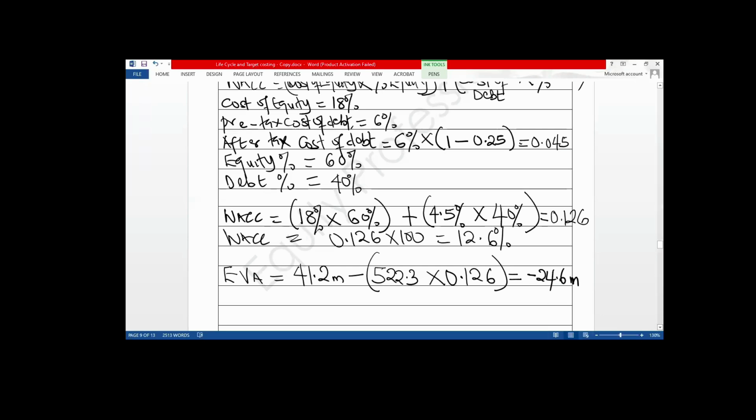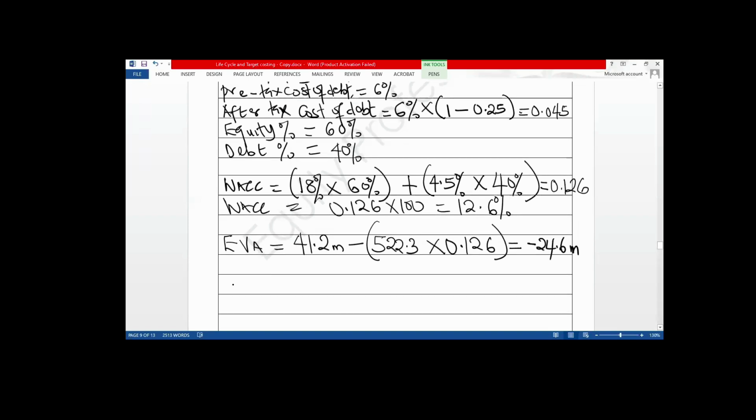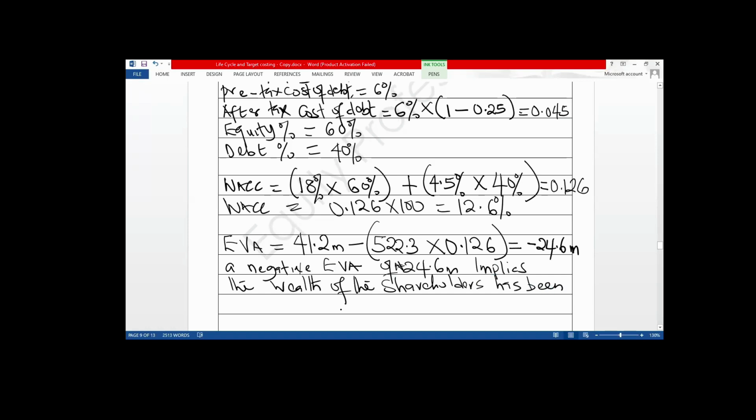You can comment. A negative economic value added of 24.6 million implies that the wealth of the shareholders has been reduced by 24.6 million.